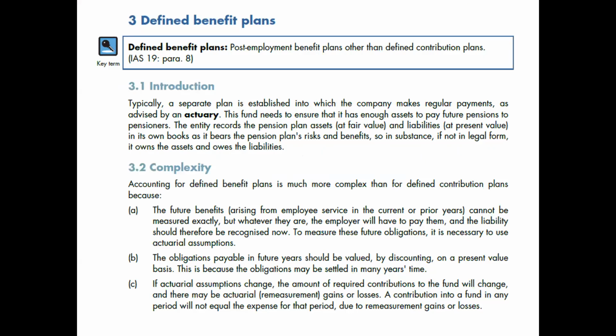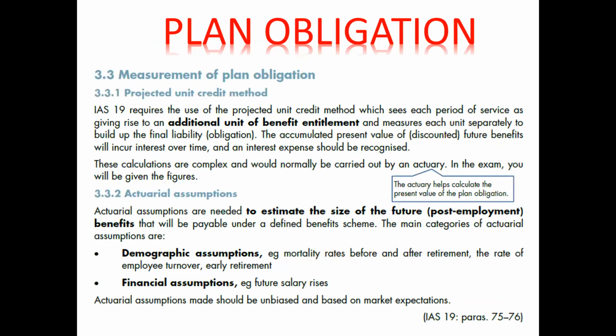But when we move to a defined benefit plan, this is where my employer is now running a plan on my behalf. They have some post-employment benefits where it consists of everything that was contributed, but there's also a defined benefit asset that is growing and a liability that's growing, and we have actuarial gains and losses that we need to recognize.